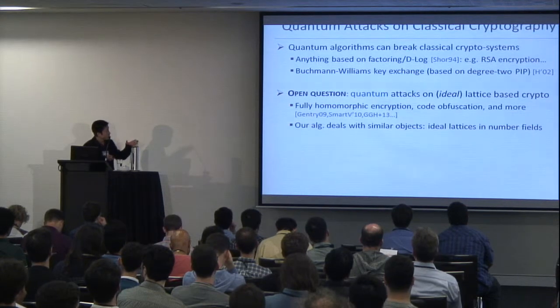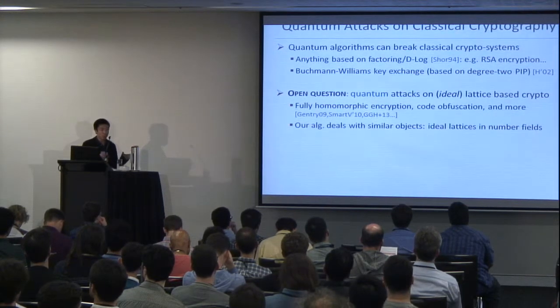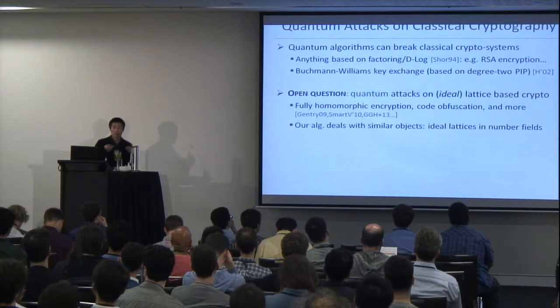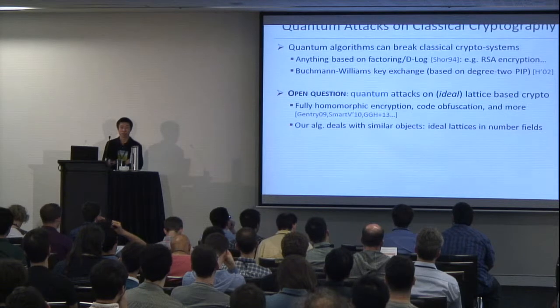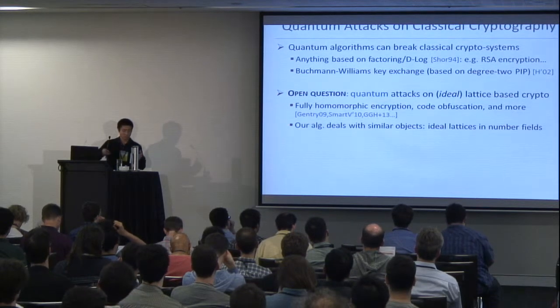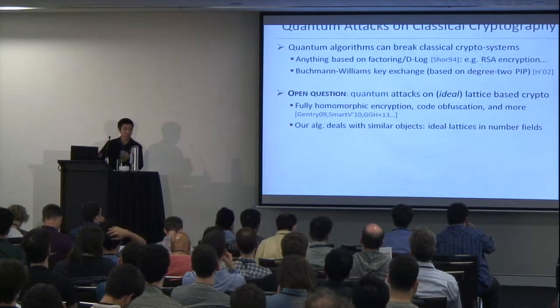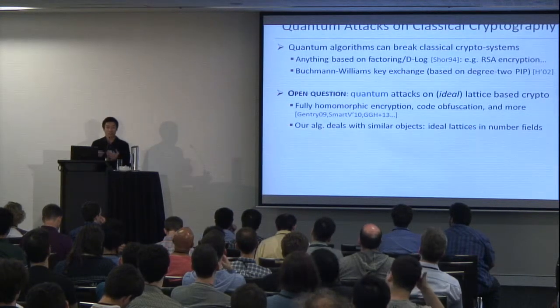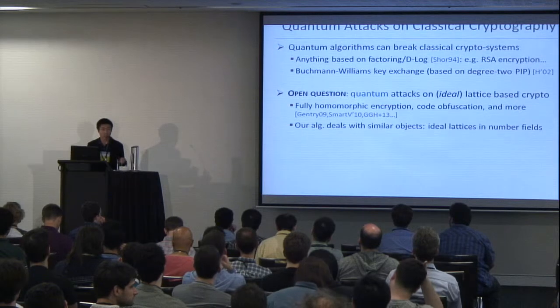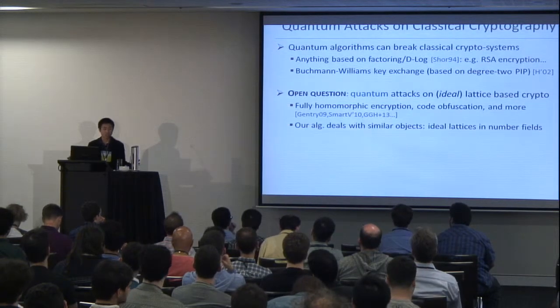And ideal lattice-based crypto is interesting also because these ideal lattice problems, they are believed hard even against quantum algorithms. Actually, it is considered one of the promising directions in post-quantum cryptography, crypto systems that are supposed to be secure against quantum attacks. But is this indeed the case?